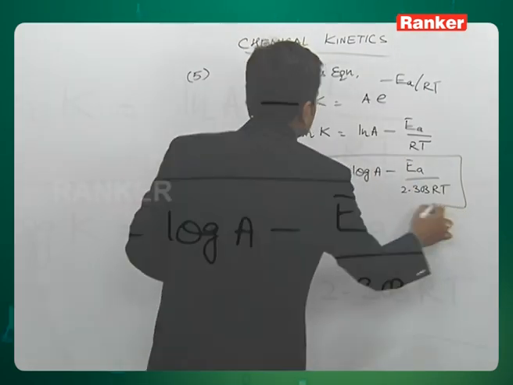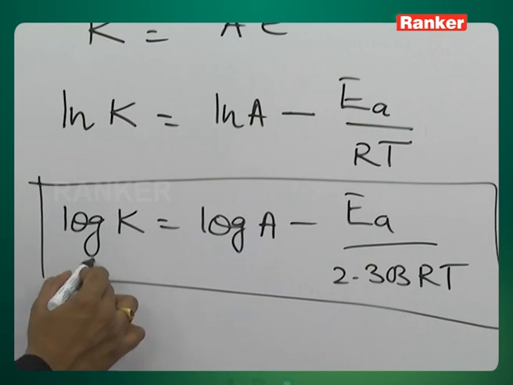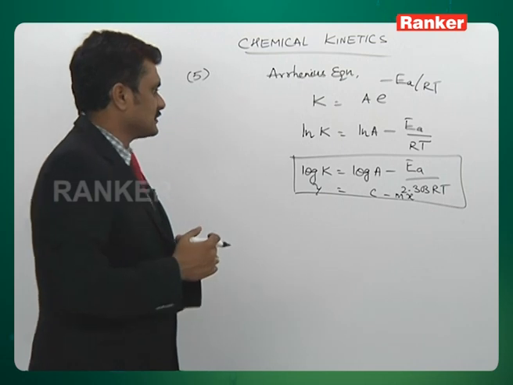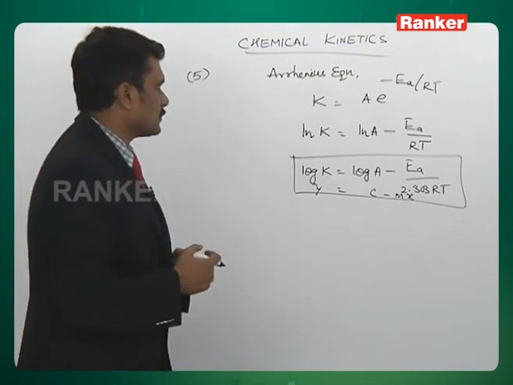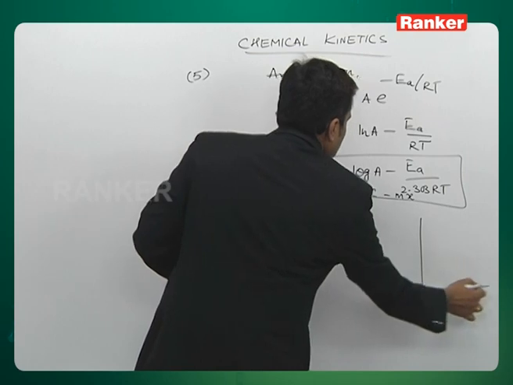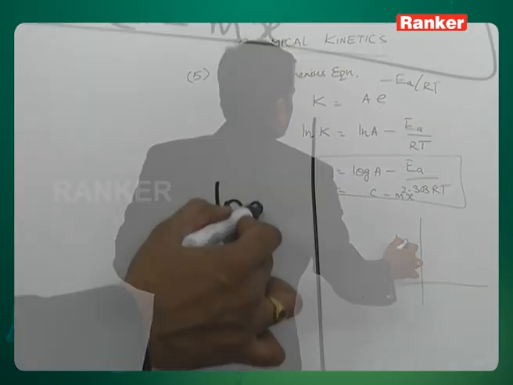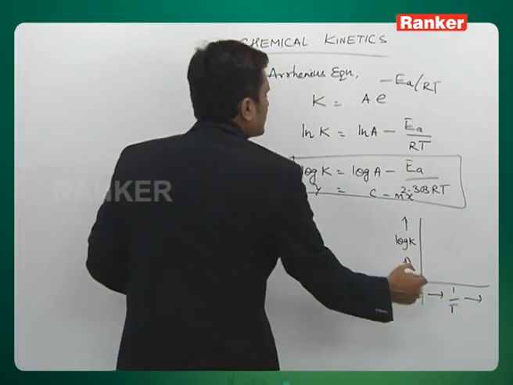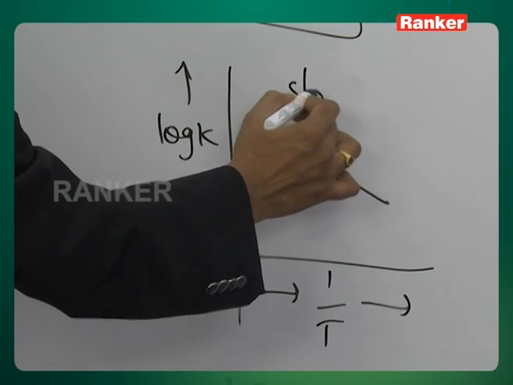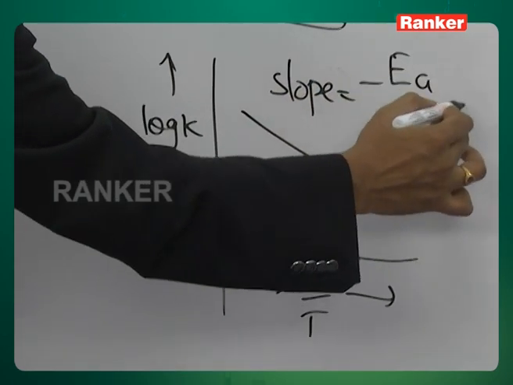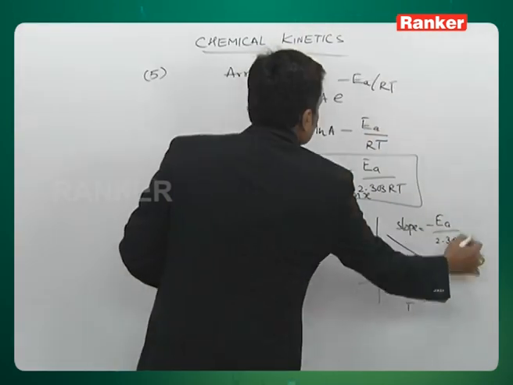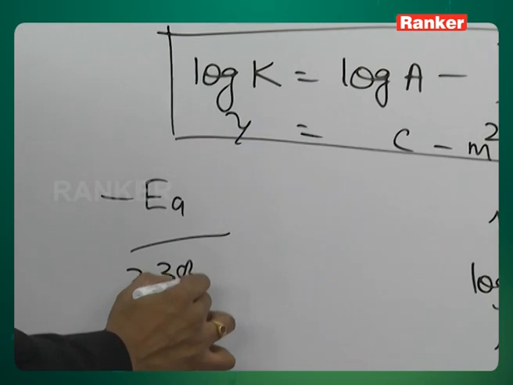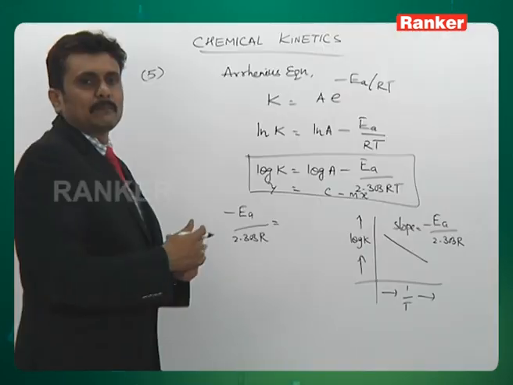And when this expression is compared to that of y equal to mx plus c, you will see that there is a negative slope. What I mean to say, that when I wish to plot a graph between log k versus 1 by T, you know that I am getting a straight line with a negative slope and slope being equal to the value provided to us, which is minus 6000.